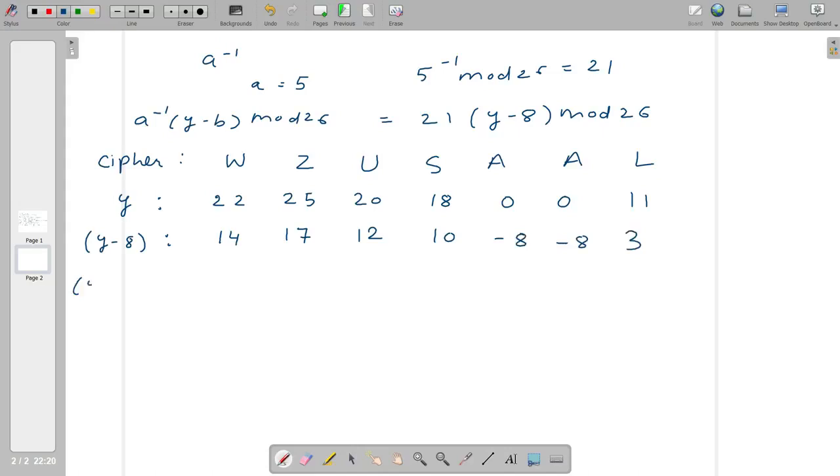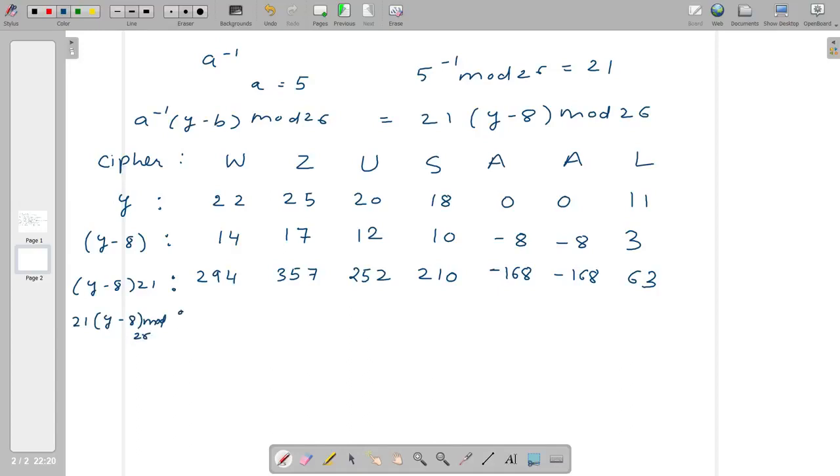Now we are going to multiply y minus 8 by 21. So 21 into y minus 8 is going to be 294, 357, 252, 210, minus 168, again minus 168, and 63. Now we will calculate 21 y minus 8 mod 26.